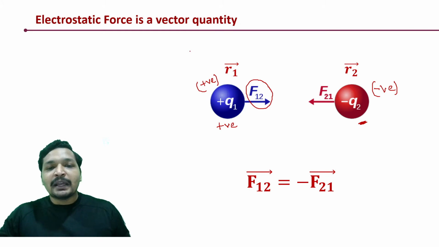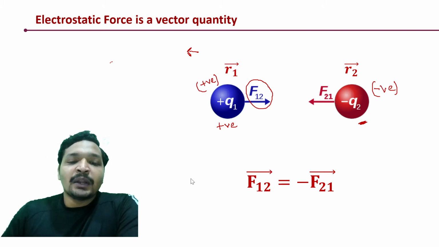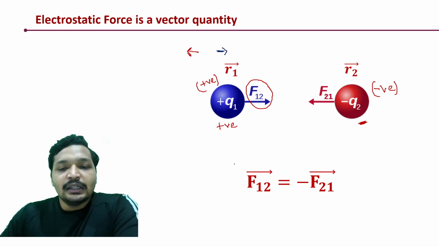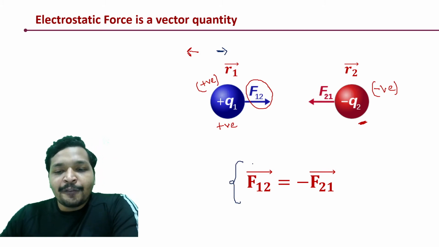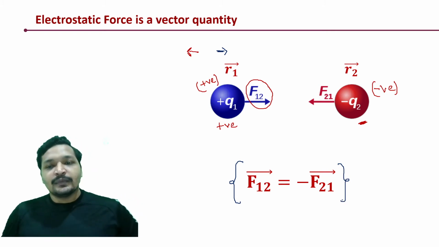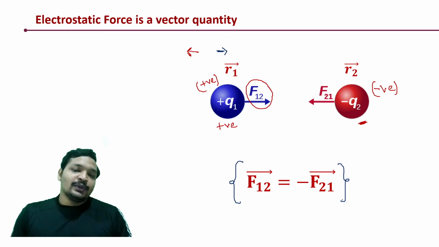Once you multiply with the negative sign, let's say initially your r cap was in this direction, then r cap will turn out to be in this direction. Quite easy. So F12 is equal to minus F21. It's really that simple, students.